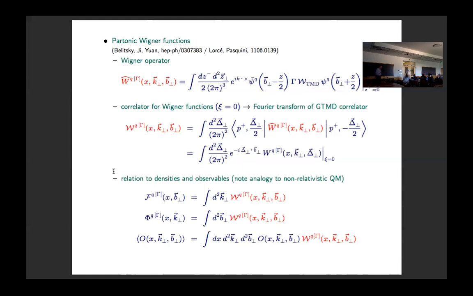In general, you have the staple, the Wilson line, which goes along the minus direction. So you're already integrating over x minus, and you're just choosing the endpoints to be at the same x minus, whereas you can separate them and then you would have a b minus dependence as well. It will have well-defined Lorentz properties. In terms of interpretation, I have no idea.